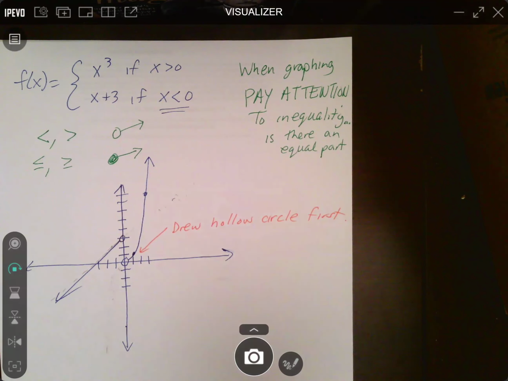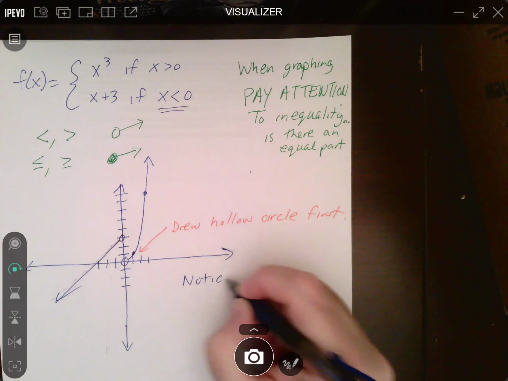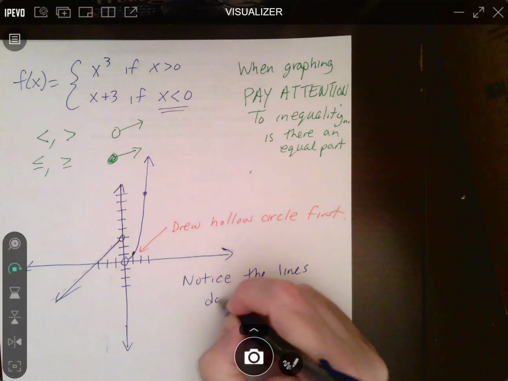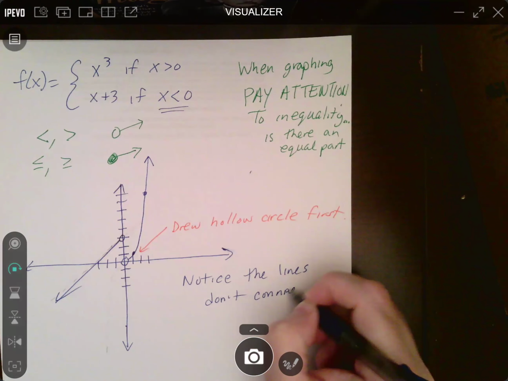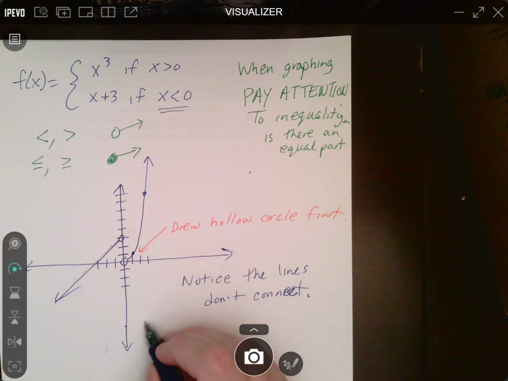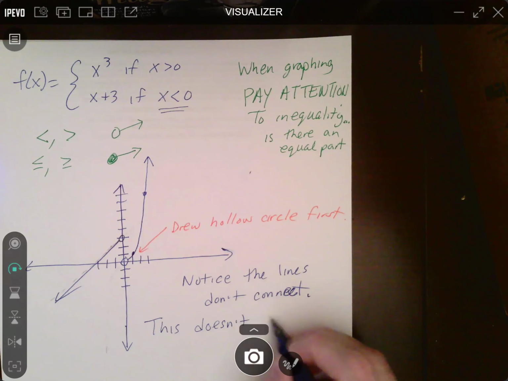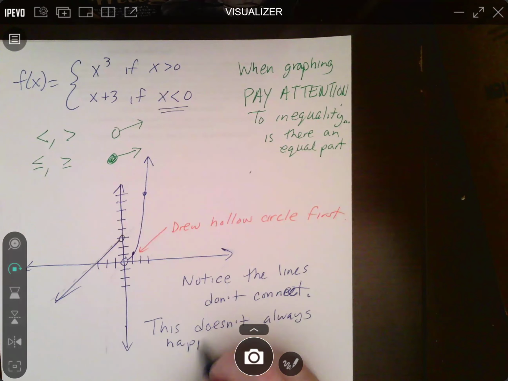Okay, so notice the lines don't connect. This doesn't always happen, but it can with piecewise functions.